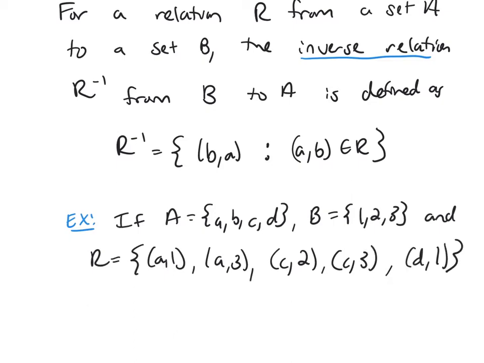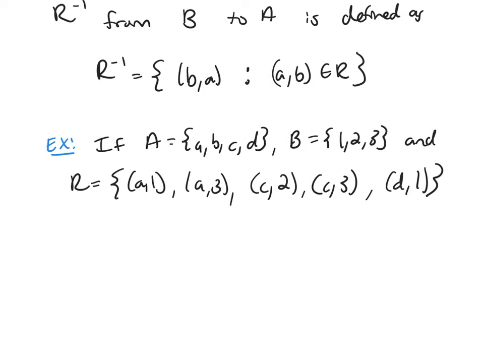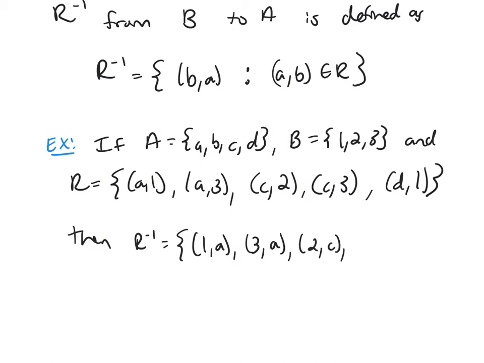So remember, R is just a relation, it's not a function. Then what is R inverse going to be? Well, to get R inverse, all we have to do is flip our pairs: (1, a), (3, a), (2, c), (3, c), and (1, d).